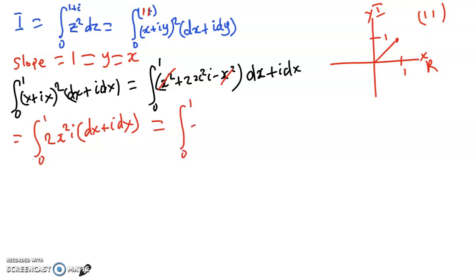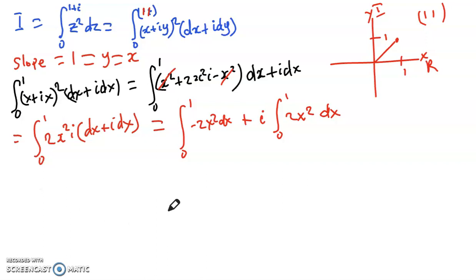We will have negative 2x squared dx, plus, now the imaginary part, the integral from 0 to 1 is still the same, but now it is positive 2x squared dx. Now we go ahead and do our integration.